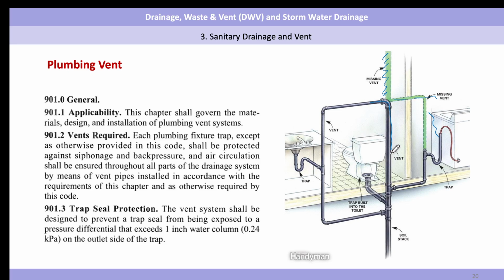This closed, that means we cannot ensure air pressure balance in this system. So we have to make sure it is open to outside. So we have to connect the vent stack to the roof. This is open. And also this one, we have to add a vent stack. Make sure the laundry drainage system has the air pressure balance to outside.